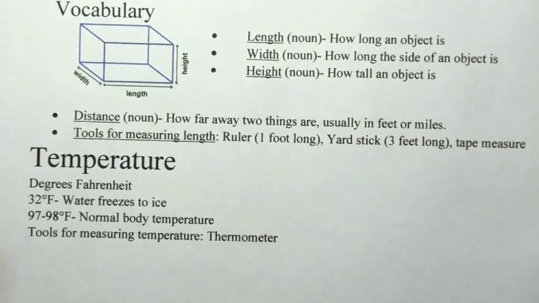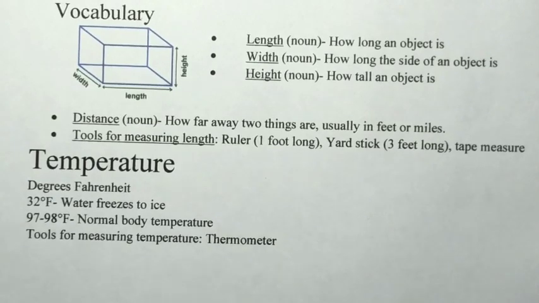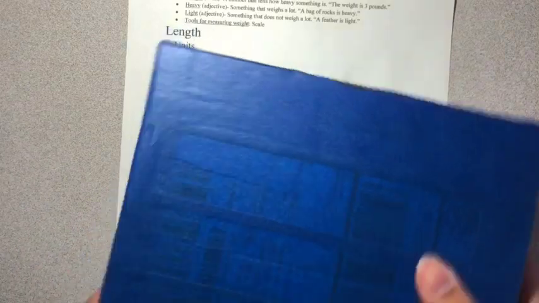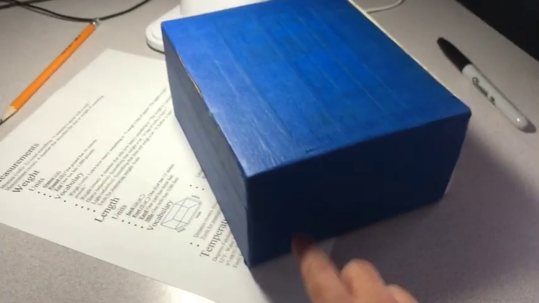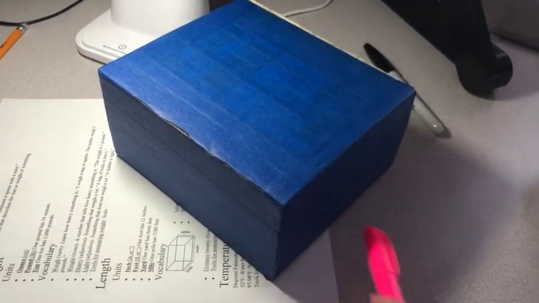So let's see, let me find, I have this box here. Okay, this is the box. So, the height of this box is going this way. So this is the height of the box. Going this way, going up and down.